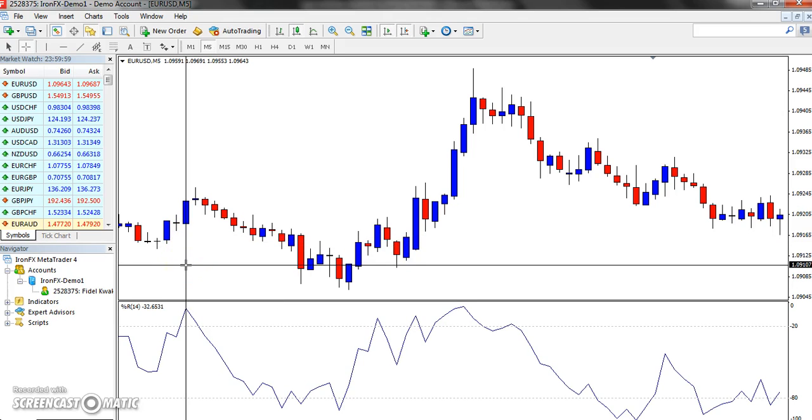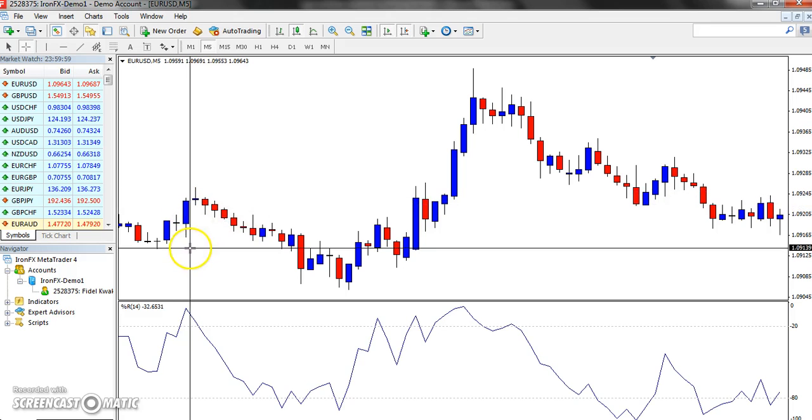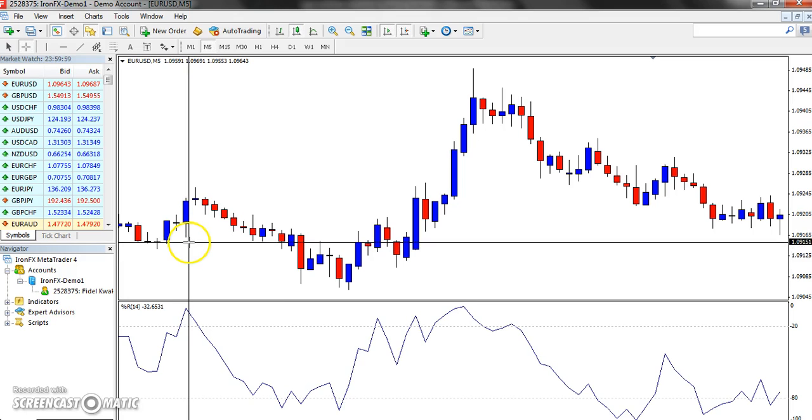But because most of the producers or suppliers of the asset are oversupplying, it gets to the point where people are not willing to pay that higher price, and moreover the supply is more than the demand now, so the price will start to drop.